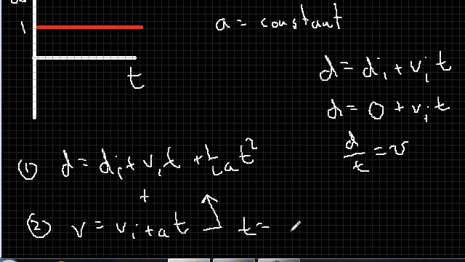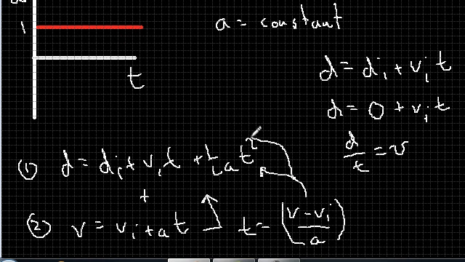In fact, when I move this around, it says t equals v minus vi over a. What I would do is take this whole thing and plug it into here where that t is, and also into here where that t is.